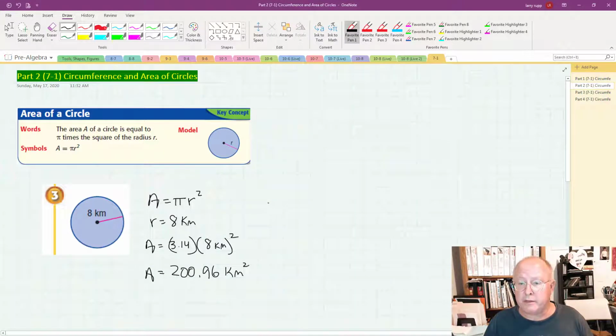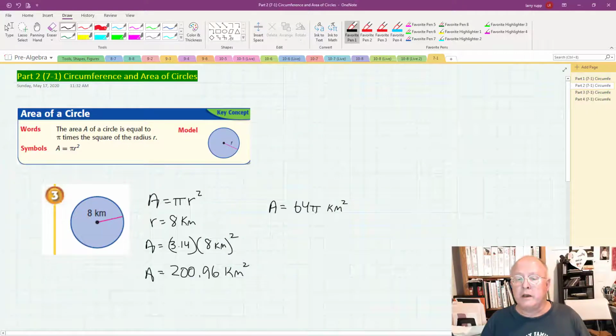Well, what they do is they demonstrate the exact answer and the approximate answer. Okay, so the exact answer here, the area, is 64 times pi, kilometers squared. That's the exact answer. Why? Because pi is still in symbolic form.